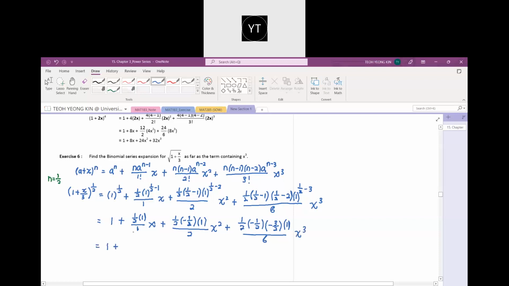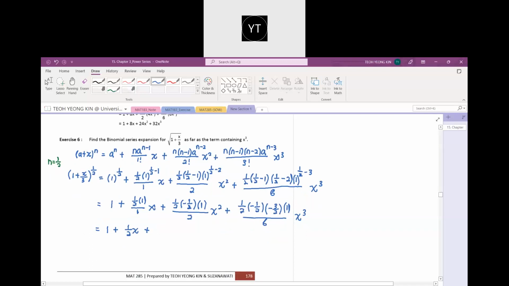So we try to simplify this. 1 plus 1 over 2 x plus 1 over 2 times negative 1 over 2, which is negative 1 over 4, divided by 2. If you are using a calculator, here I should have negative 1 over 8 x squared.